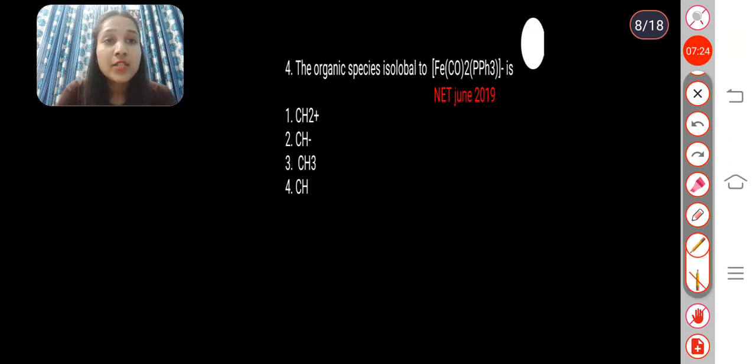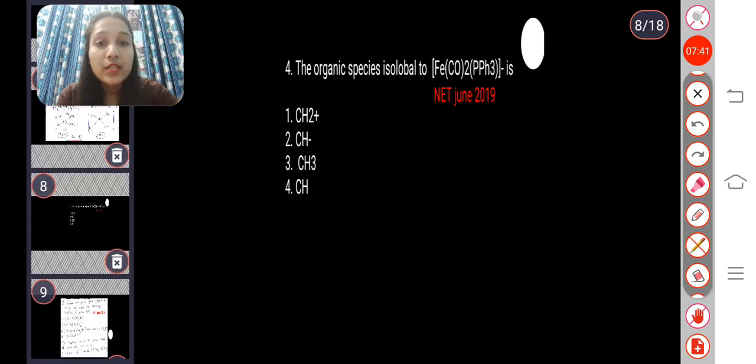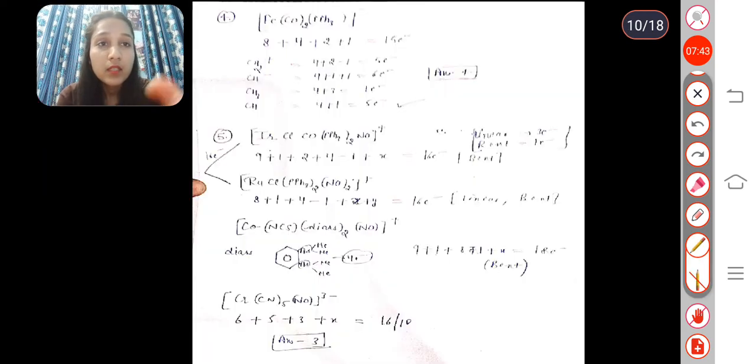Now next question is: the organic species isolable to Fe(CO)2(PPh3)negative. So whenever we have to check isolability, we will count their valence electrons. If we do counting of valence electrons in Fe(CO)2(PPh3) negative, just look here. For Fe the number of valence electrons is 8.